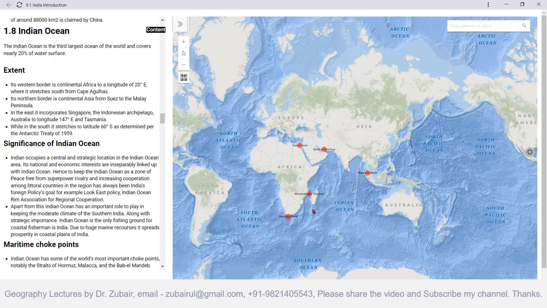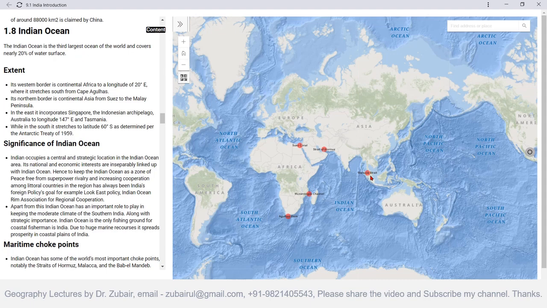If you see the extent, the western border is here, the continental Africa, around the 20° east line, passing through the Agulhas. The northern border is continental Asia to Malaya here.